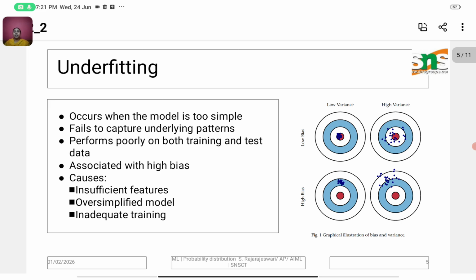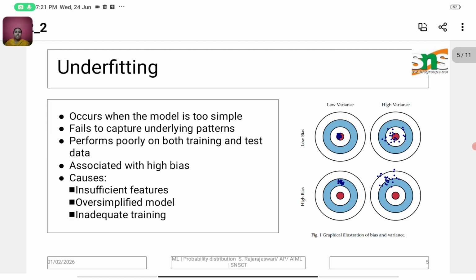When the model performs poorly during both training and testing, it is associated with high bias. It is caused by insufficient features, oversimplified models, and inadequate training. These are the basic causes of underfitting.